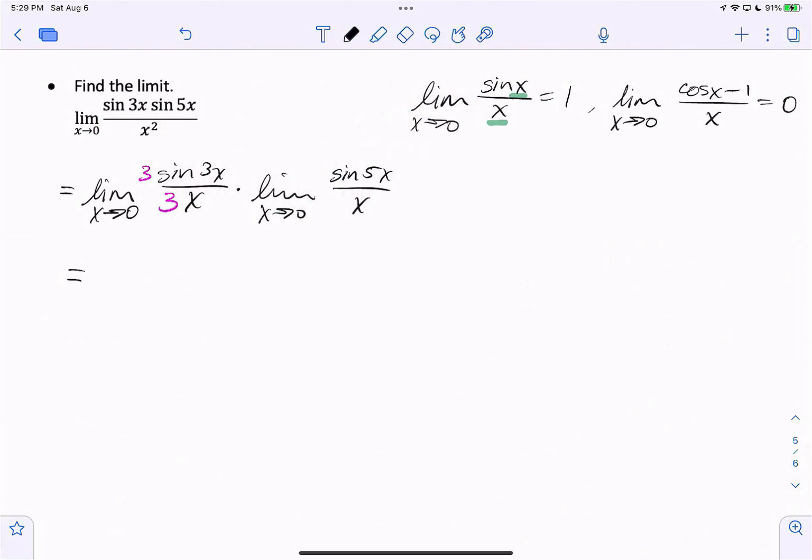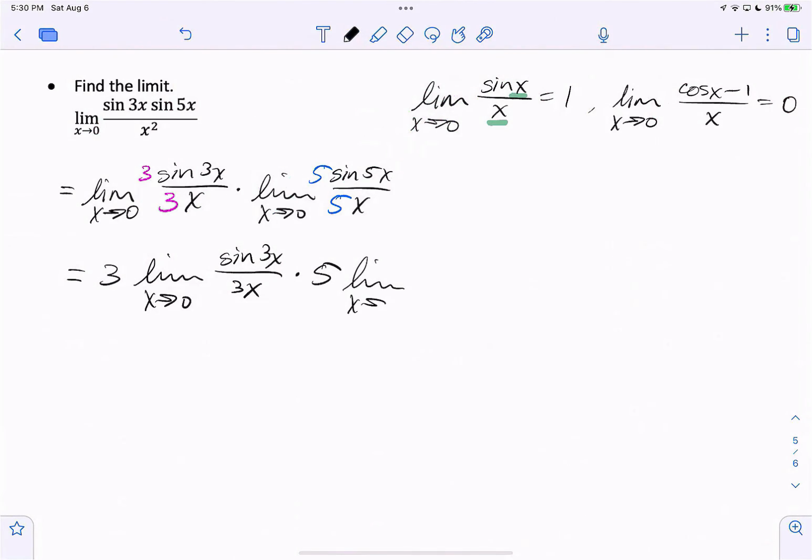And I end up with 3 times the limit as x approaches 0 of the sine of 3x over 3x. I can likewise fix the sine of 5x over x by multiplying the numerator and denominator by 5. I can pull the 5 out front of that factor and end up with 5 times the limit as x approaches 0 of the sine of 5x over 5x.